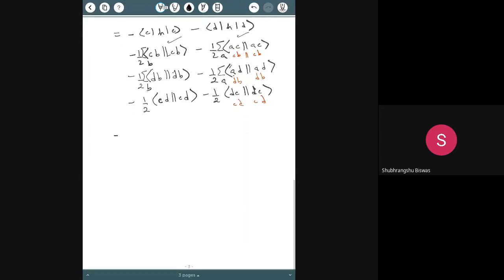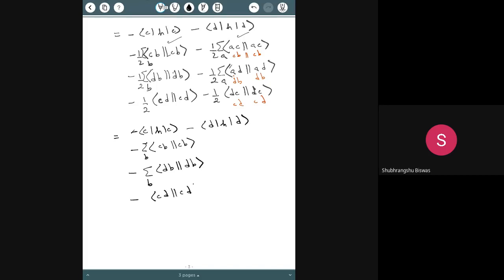So the halves will go away and I will have minus CHC minus DHD and minus sum B, CB, CB, and then minus sum B, DB, DB, and minus CD, CD.